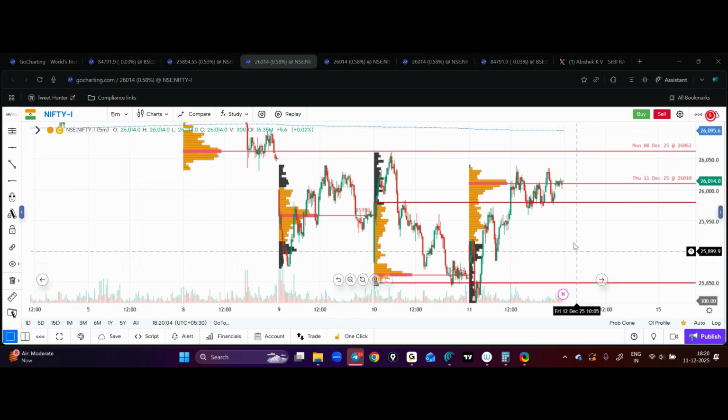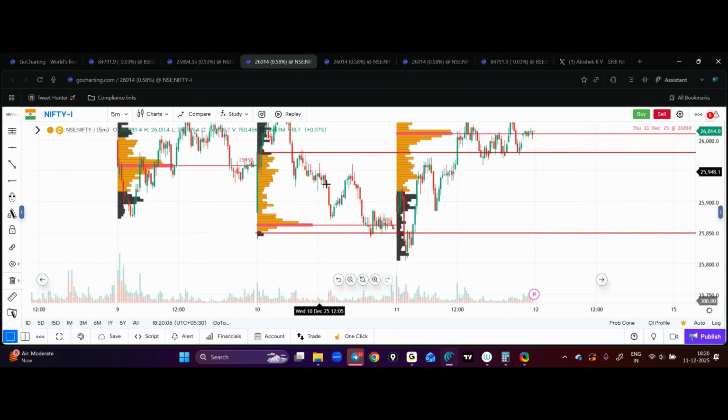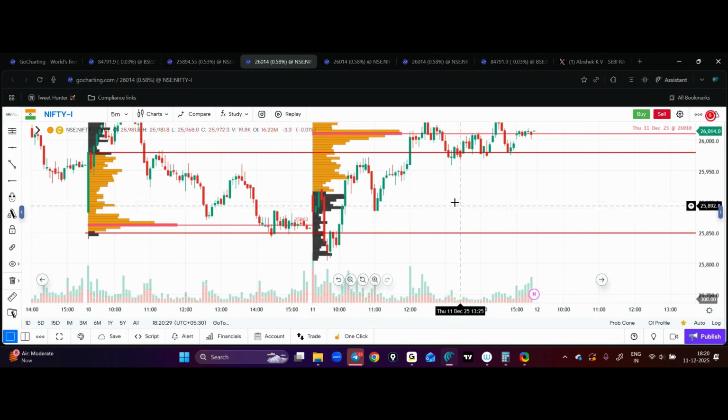Yesterday's profile was a B-shaped profile, good distribution activity happened, and more so on expiry days, this particular setup that I use works even better. Yesterday's profile was a B-shaped profile, and the close was also at lows, indicating a negative bias. Today we opened inside the previous day's range and we made this large bar.